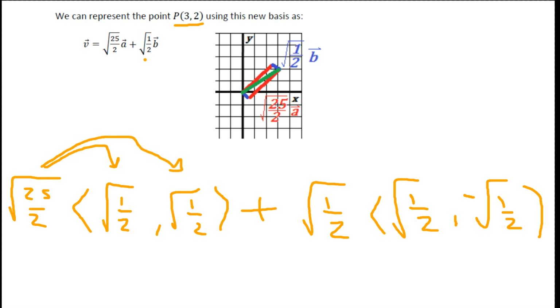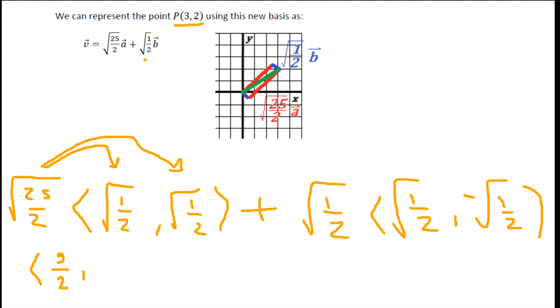and then add. So when I distribute my scaling factor, root 25 over 2 times root 1 over 2, I multiply the tops and multiply the bottoms. I get root 25 times 1, well, root 25 is just 5. And on the bottom, root 2 times root 2 is root 4, which is just 2.